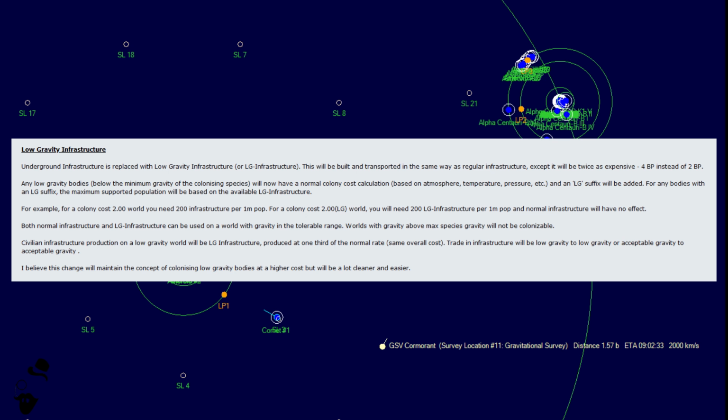Now, this is a minor change, but it is an improvement. In VB6, infrastructure only worked on regular planets, but in order to colonize low gravity bodies like asteroids, you had to manually build on-site underground infrastructure, and then you could never move it again. It was more expensive.